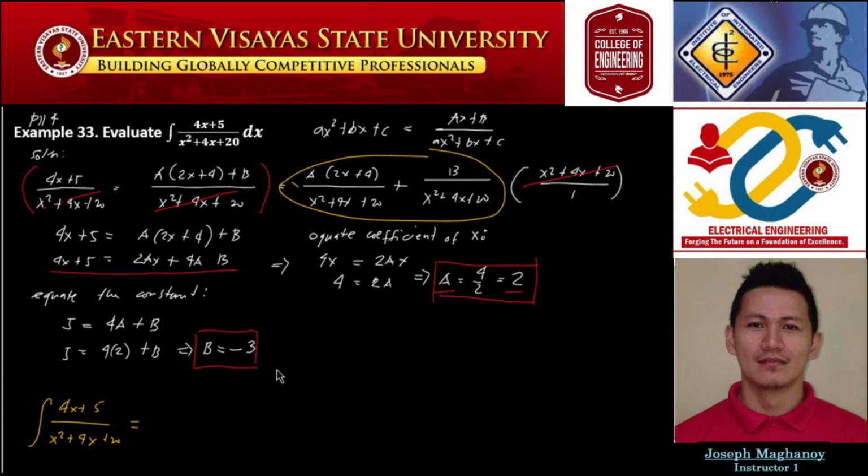Okay, so we can rewrite, that's A, we have 2 times quantity 2x plus 4 all over x squared plus 4x plus 20 plus B. What is B? That's negative 3 over x squared plus 4x plus 20.